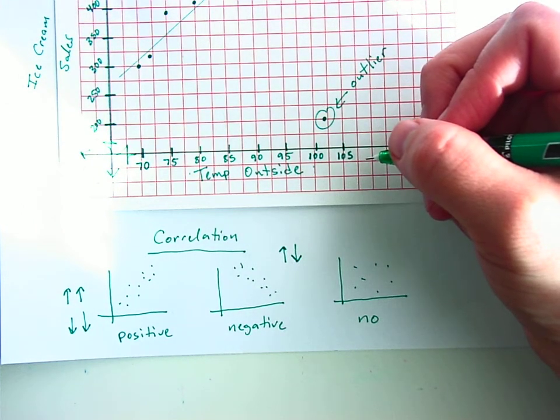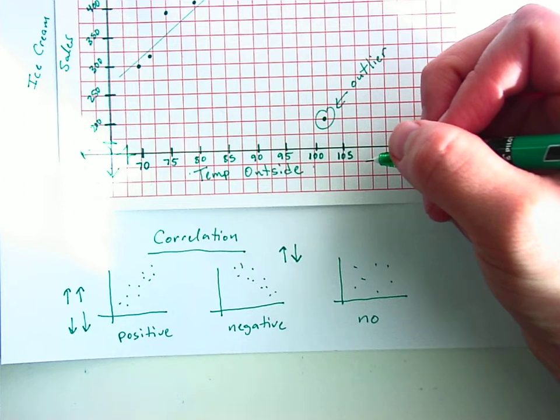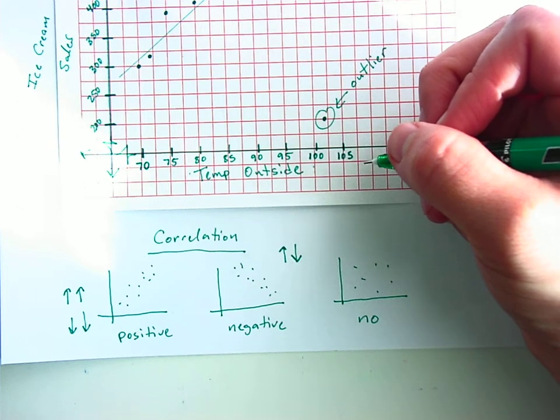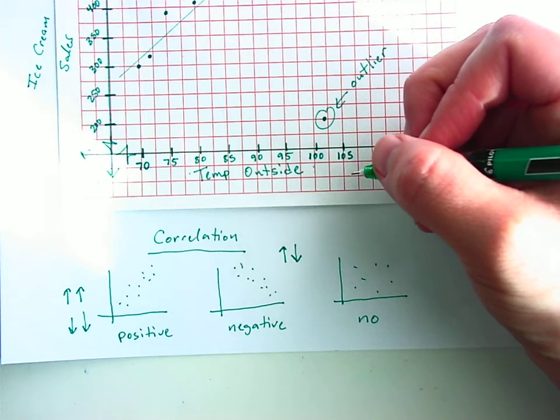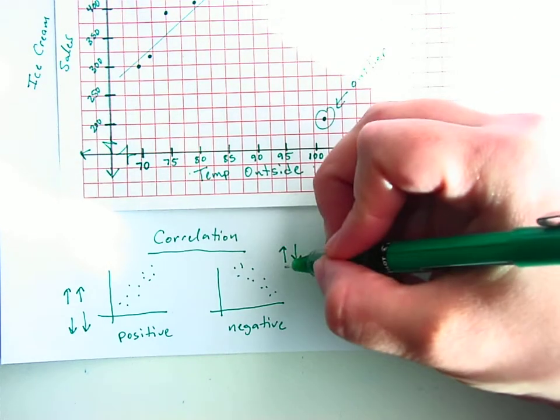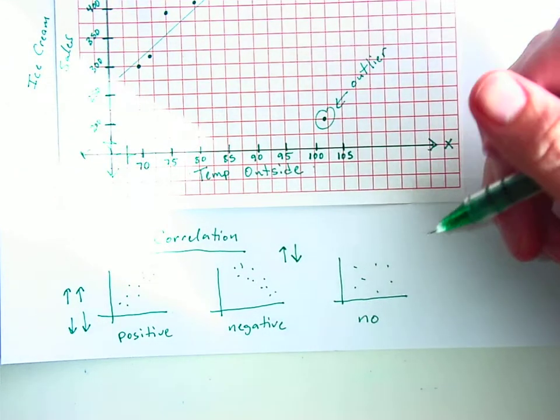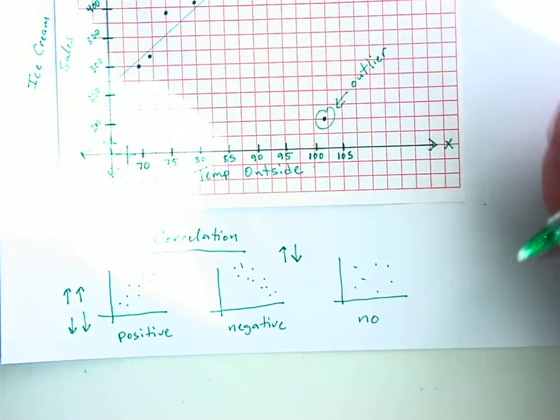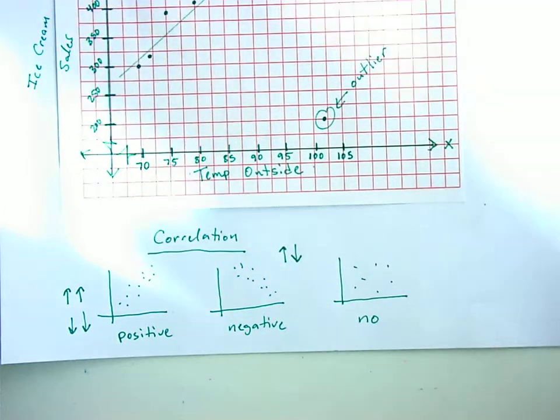That could be like how much rain we get versus how many people are going outside. So the more rain we get, fewer people go outside. No correlation would be there's no relationship whatsoever.